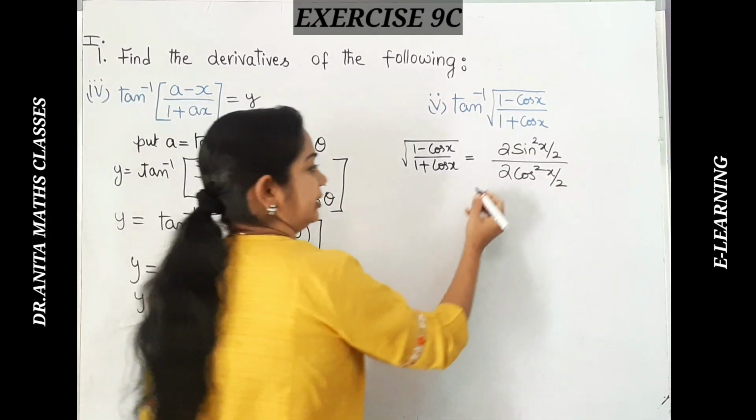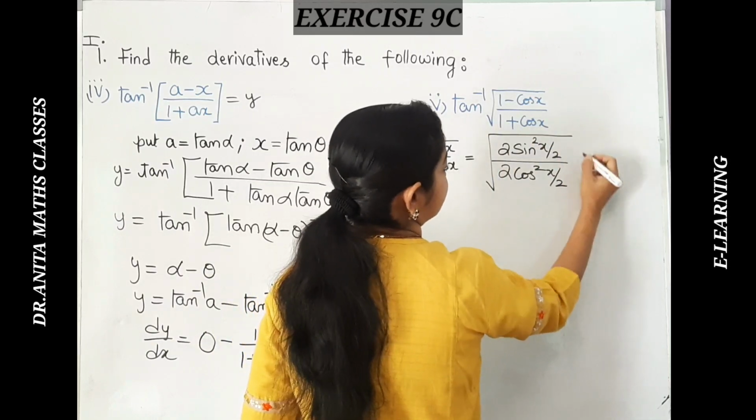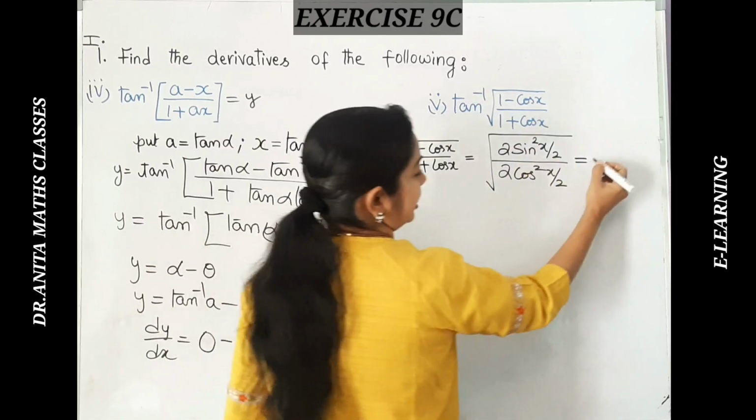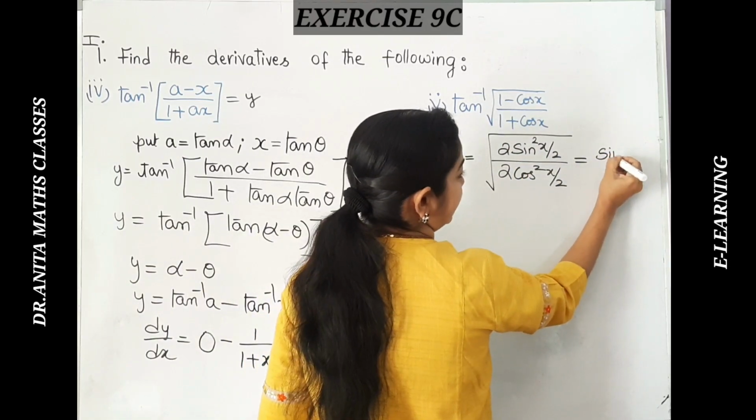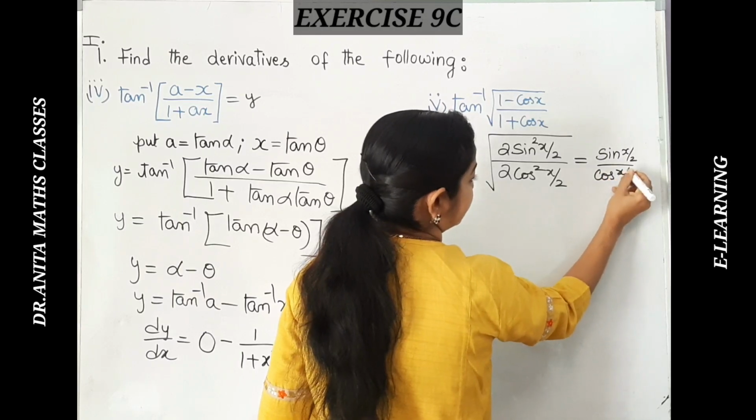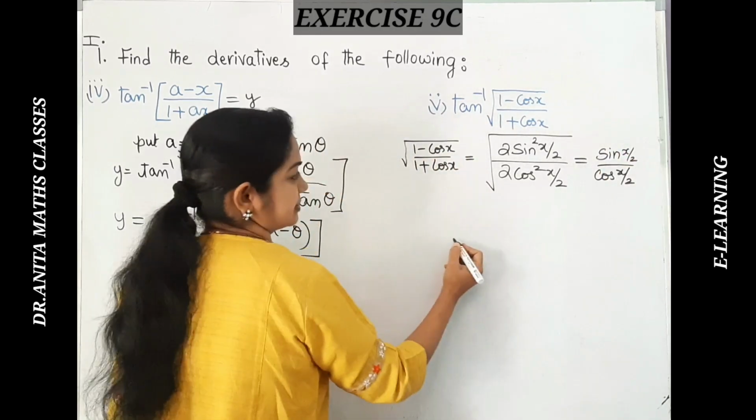Here we have squares and a square root, and these cancel. You get only sin x by 2 by cos x by 2, so that is tan x by 2.